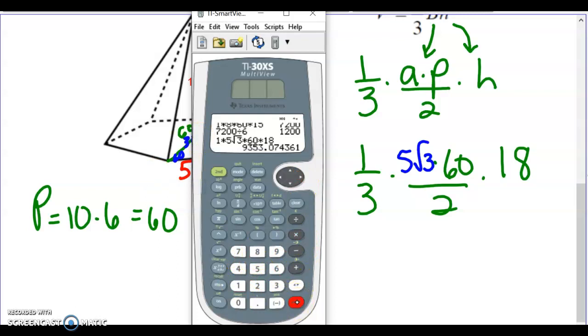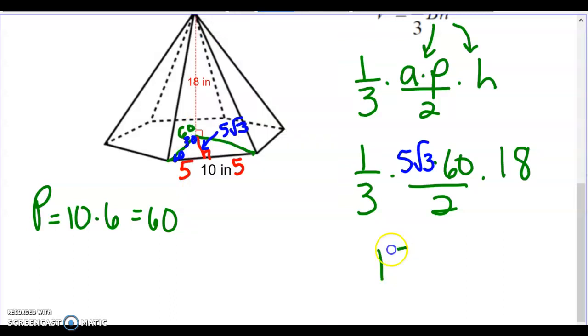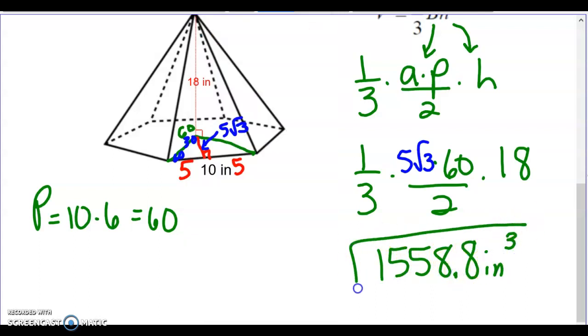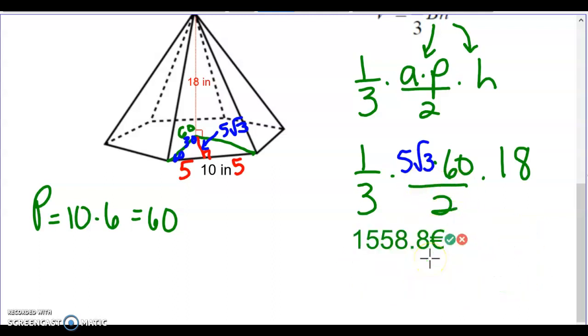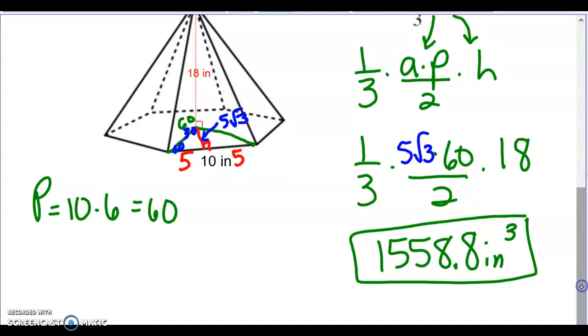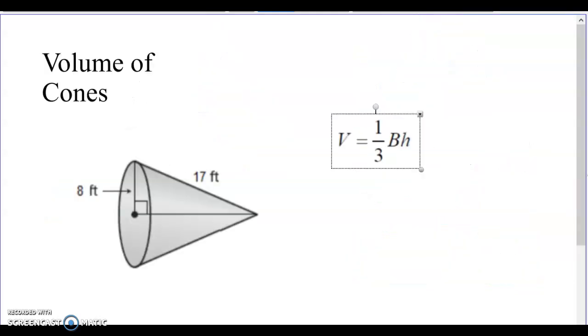So that's what I would get on the top. And then the bottom, I'm just going to do mental math: 3 times 2 is 6. So divide that top by 6, and I get 1558.8 cubic inches. Please make sure you're trying this on your calculator and that you are getting the same answer as I am.